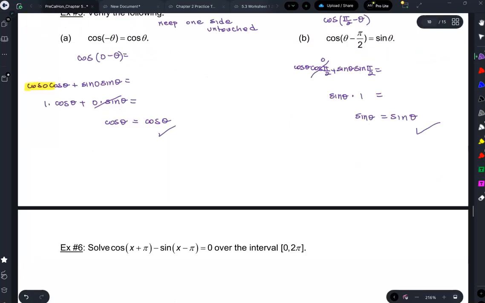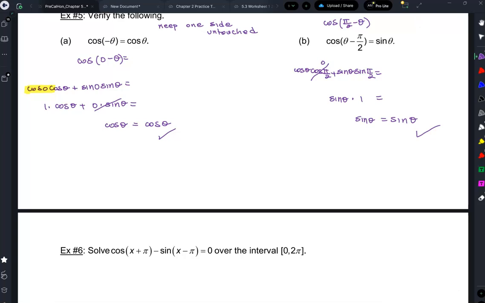If instead it was sine, would you have to write negative pi over 2? Well, no. If this was sine of pi over 2 minus theta, then it would have been equal to negative sine of theta, and you work it out and you get negative sine theta equals negative sine theta. This identity comes to you as it is, out of the box.